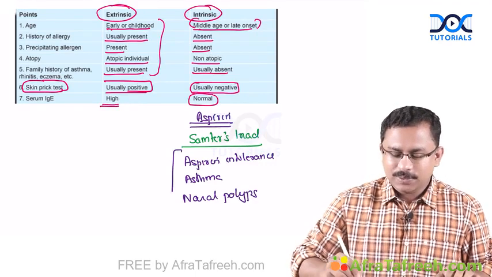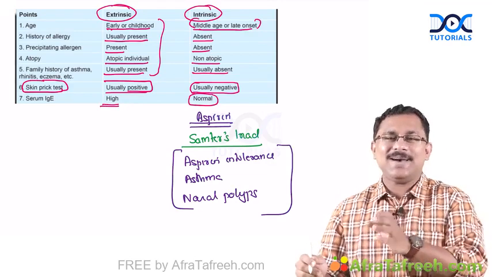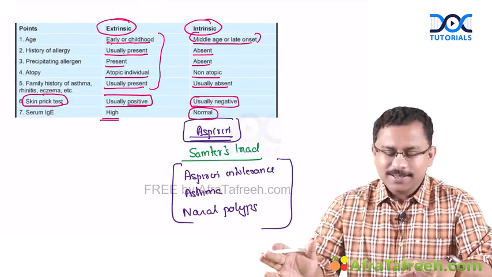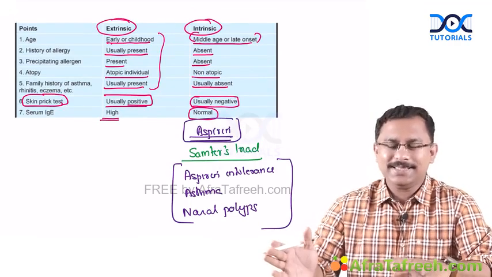So you've got to keep this in mind. This is the Samter's triad. So this is about extrinsic and intrinsic asthma.